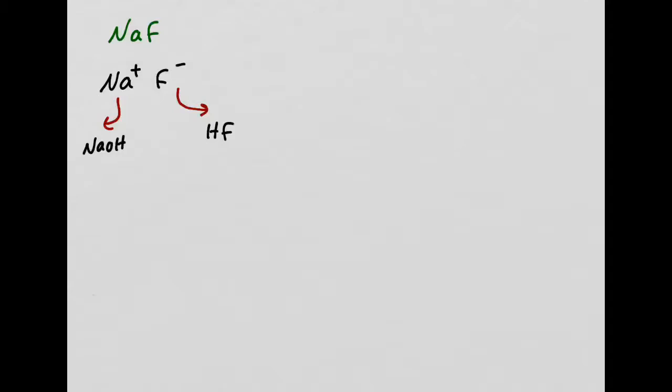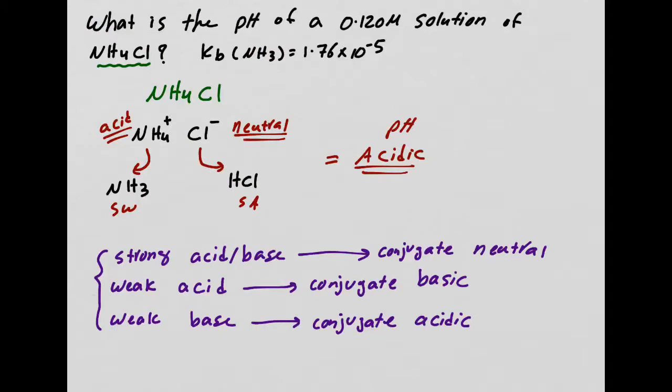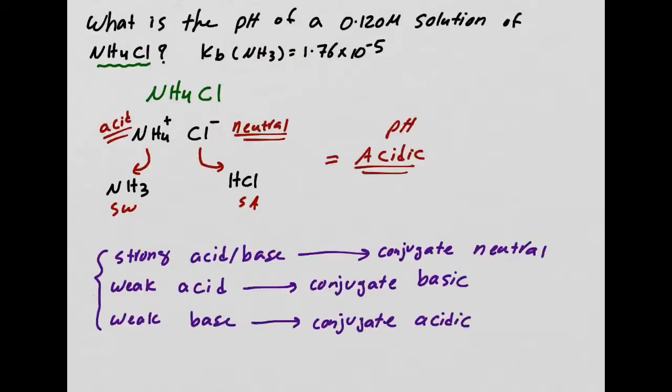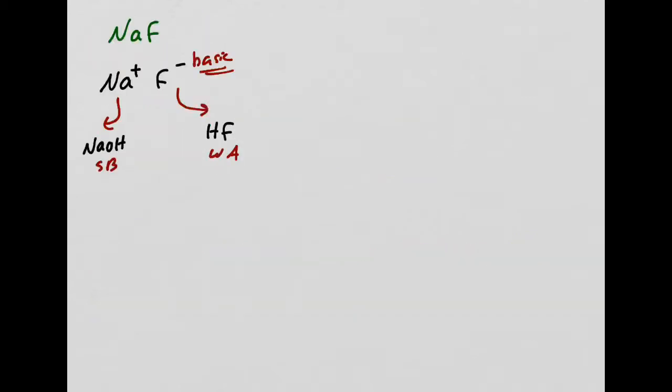HF is a weak acid. So if I have a weak acid, my conjugate is going to be basic. So F minus is going to be basic. Now sodium hydroxide is a strong base, right? What happens if you have a strong base or acid? The conjugate is neutral. So this conjugate is just going to be neutral.